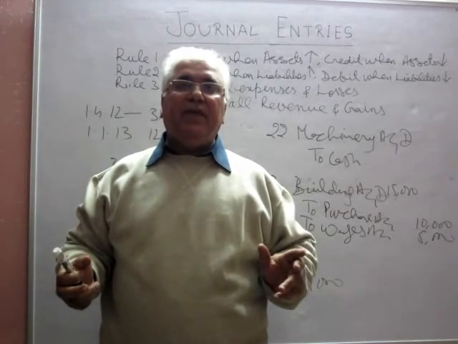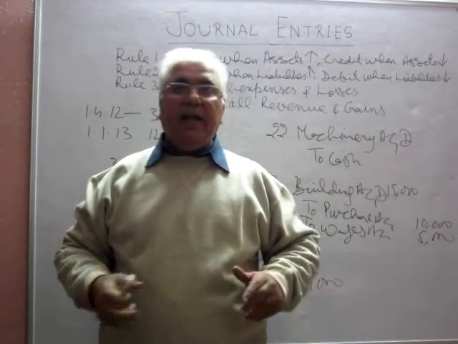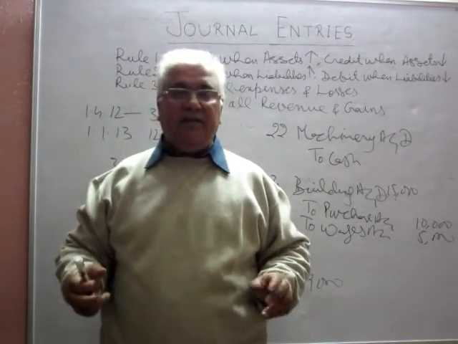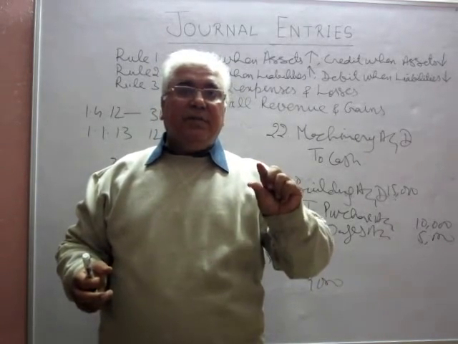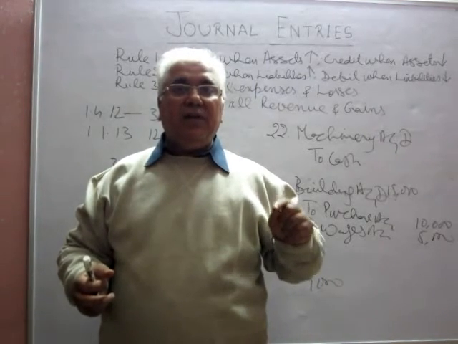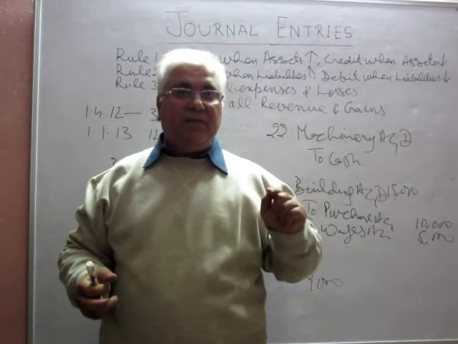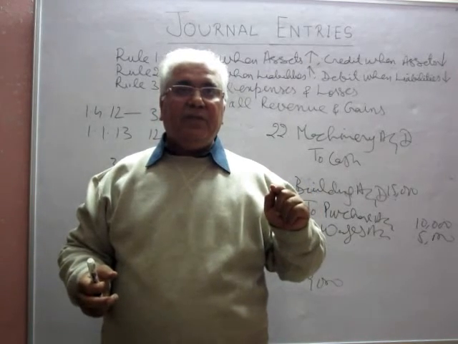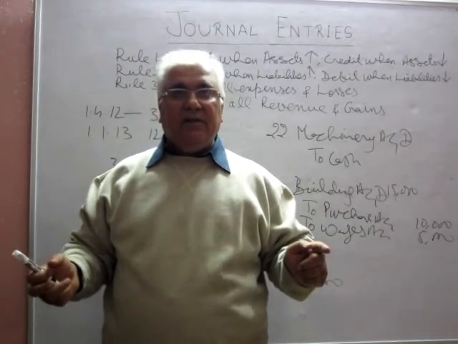For example, if we have used the services of our employees and we have not paid them at the year end, say for 1 month, now this expense belongs to this year, but we have not paid for it. So according to accrual principle, we must book this expense in our books. And we must create a liability towards our employees.